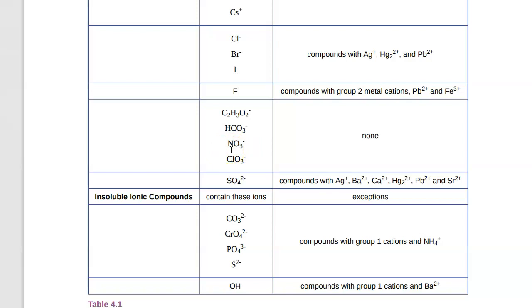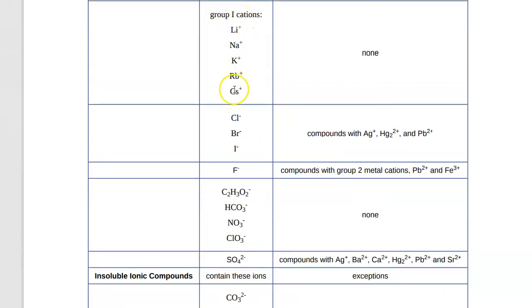Those are always soluble. If you see an ammonium salt, NH4+, those are pretty much always soluble as well. So group 1 cations and ammonium, always soluble. If it's a nitrate salt or an acetate salt or citrate salts, if you ever run into those, they are pretty much always soluble.